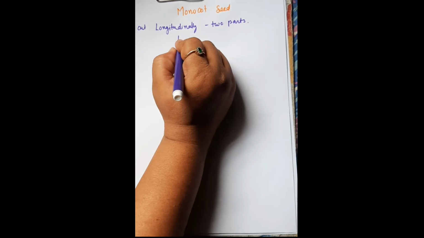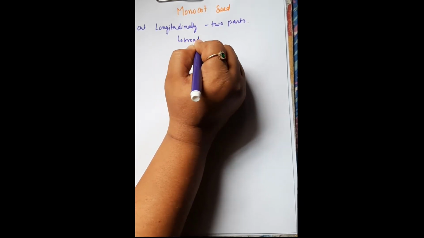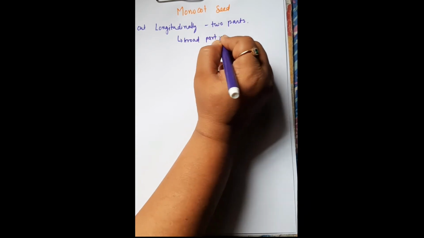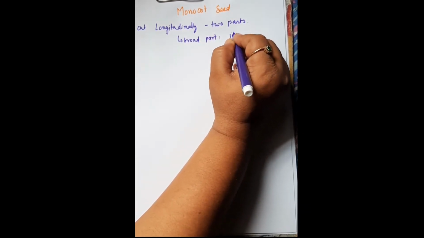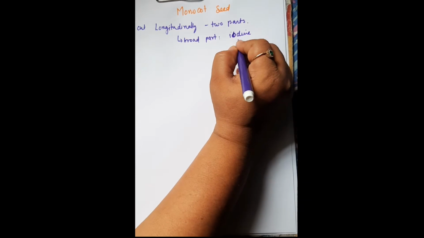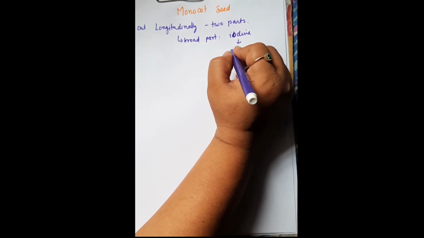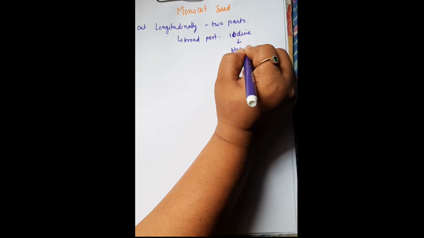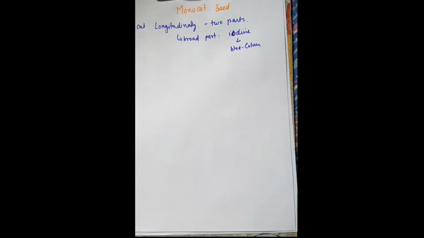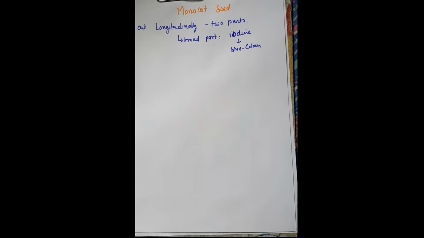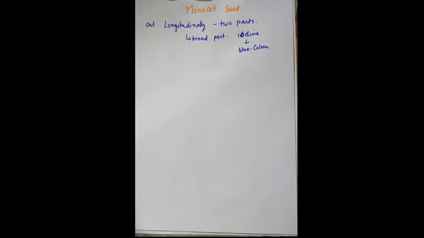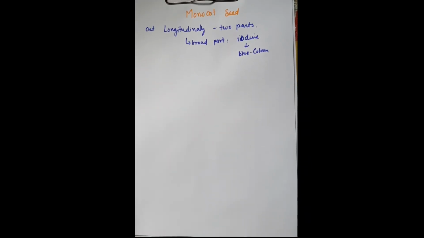When we stain the broad part with iodine, it shows a blue color. That blue color is due to the presence of starch, because starch with iodine gives purple or blue color. So remember, starch with iodine always gives purple color.